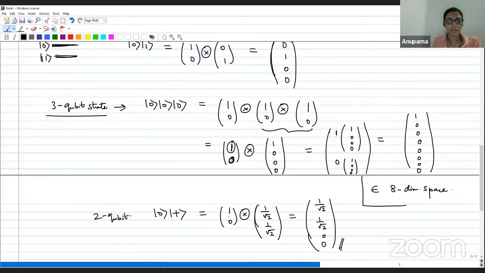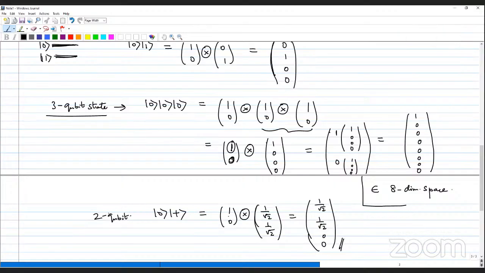People have been asking what the typical notation is: are we considering the least significant bit left to right or right to left? Because Qiskit has a different notation and some physics textbooks have a different notation. So, as I mentioned here, this is the convention that I have.